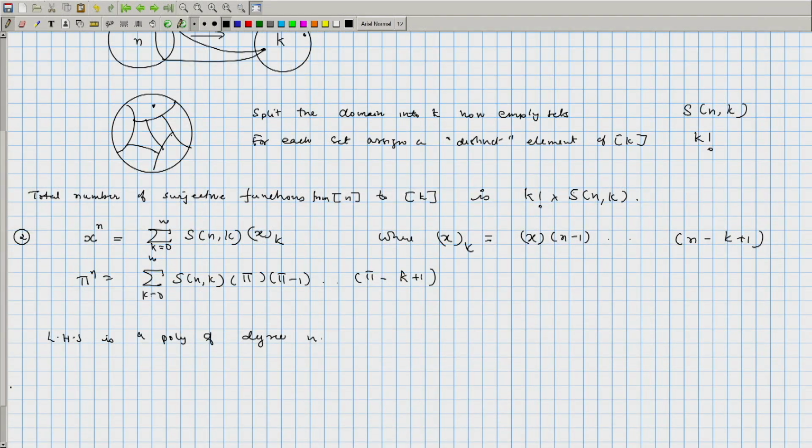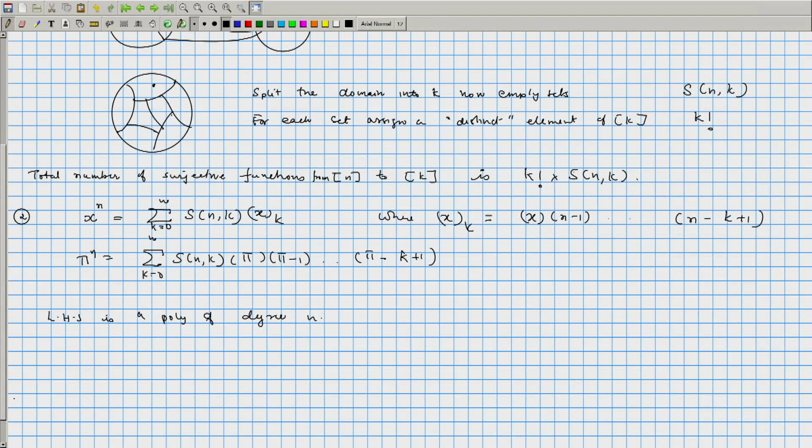So, how do we show that they are the same at n different positions? We will show that these equations hold at all positive integer values. Once it is true at all positive integer values, it must be true for all real numbers.